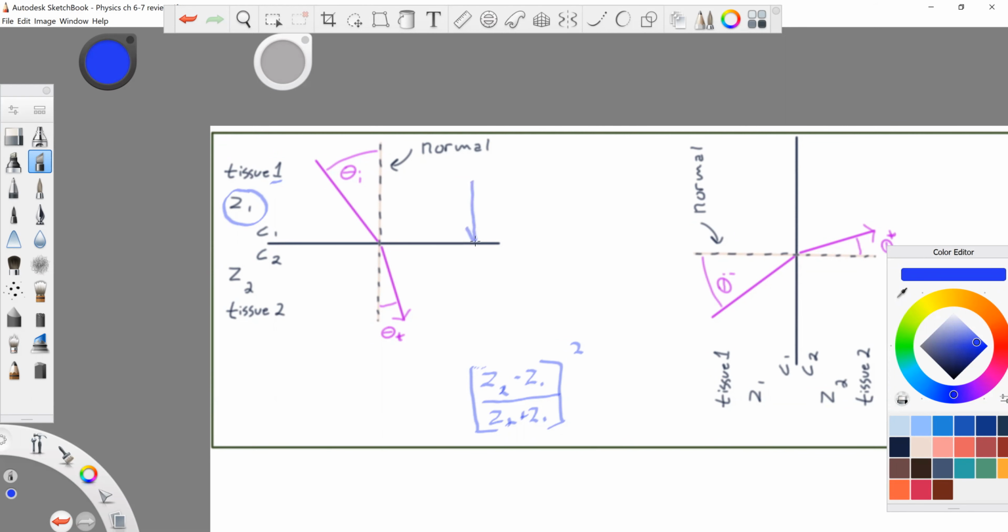That equation is only for normal incidence. But that's not to say that, I'm sorry, it's a little early in the morning for me to be doing this. It's not to say that just because we're coming in at an oblique angle that impedance doesn't matter. It does, of course, matter.